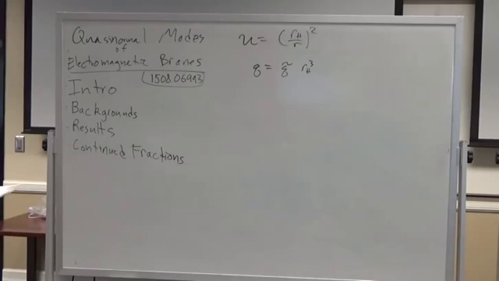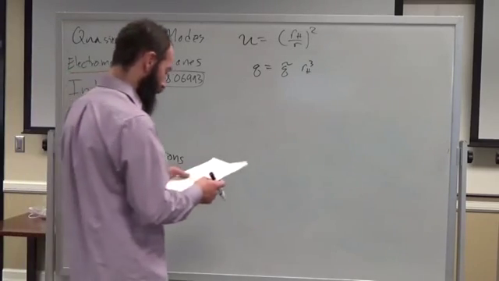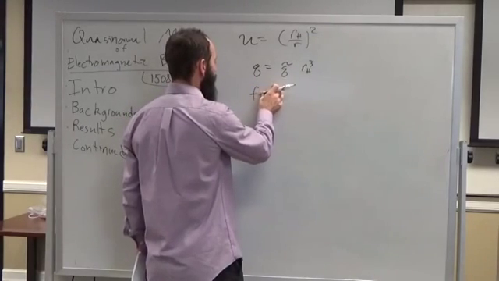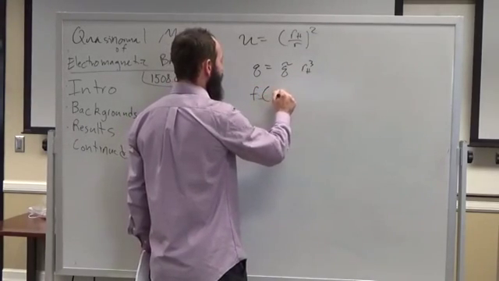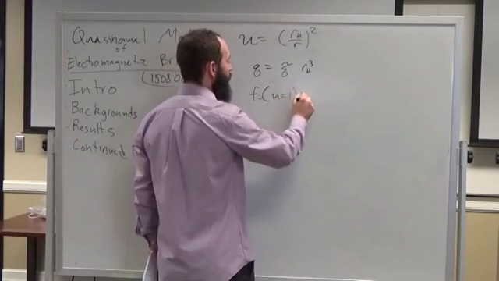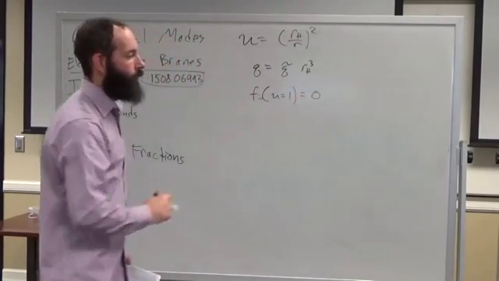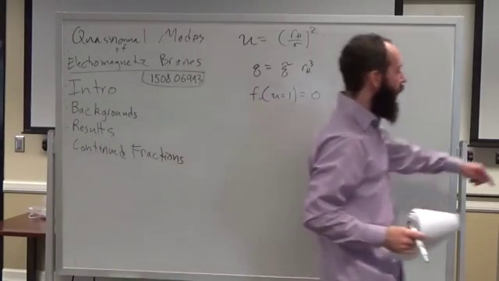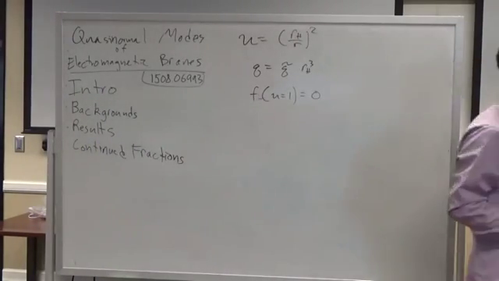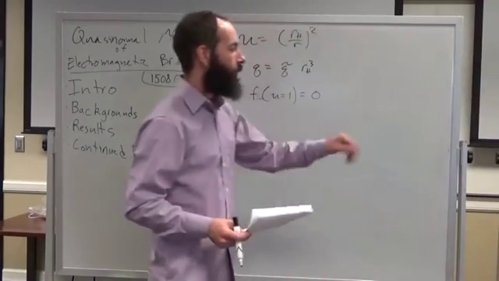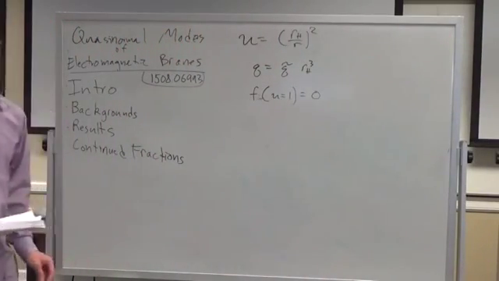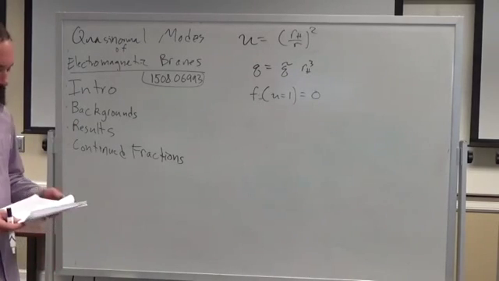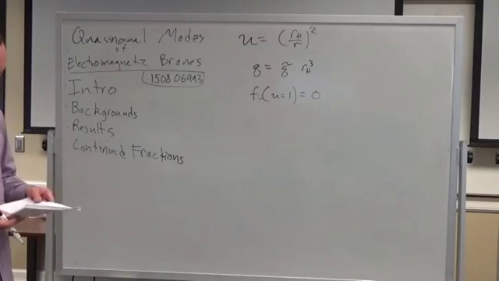So you can scale that out, as long as you also make use of the fact that in these u coordinates the horizon is at u equals 1. So this f function at u equals 1 should be 0, and we use this to determine what m is in terms of q. So now the metric only depends on q as the only parameter. You don't have RH, you don't have the mass, you don't have the L.